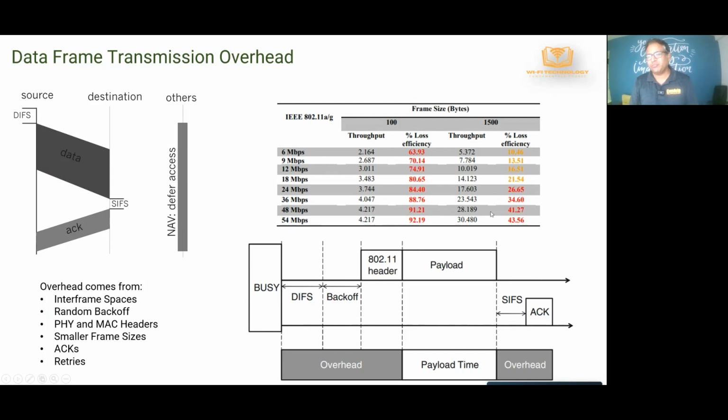But at the same time, if you're sending 1500-byte frames, which means you're sending more payload per transmission, then your throughput is actually close to 30 Mbps. And your overhead or your loss of efficiency is only 43%. So just by sending larger chunks of frames at any given time, you can actually reduce the amount of overhead that you have in the link, right?